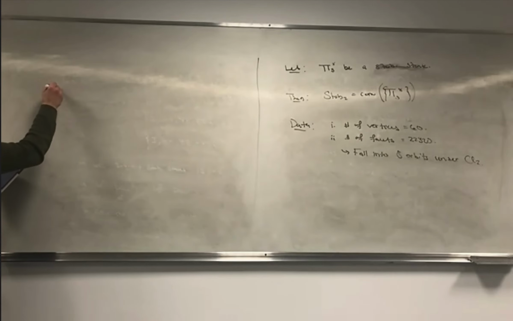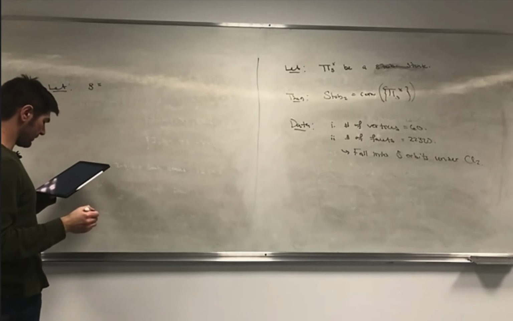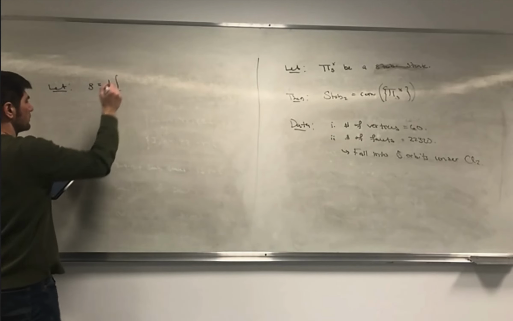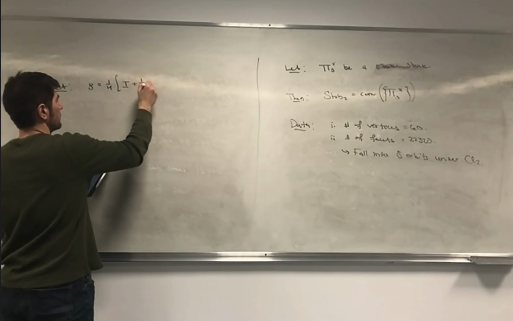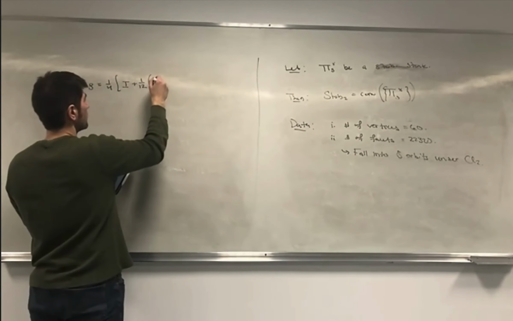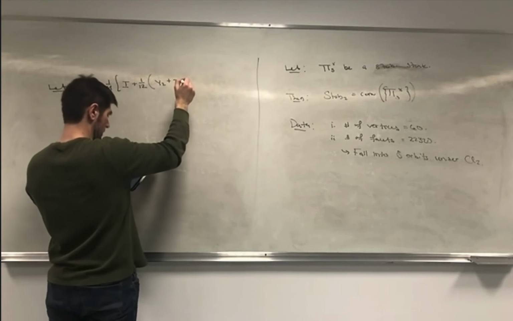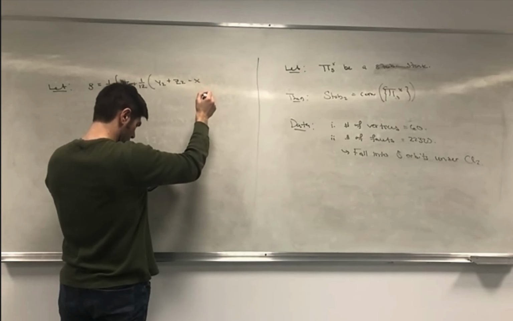So we have this rho: Y2 plus Z2 minus XX.